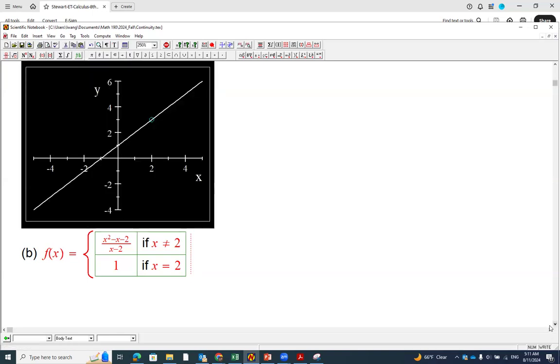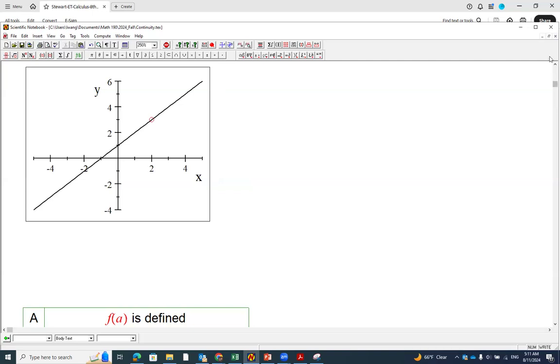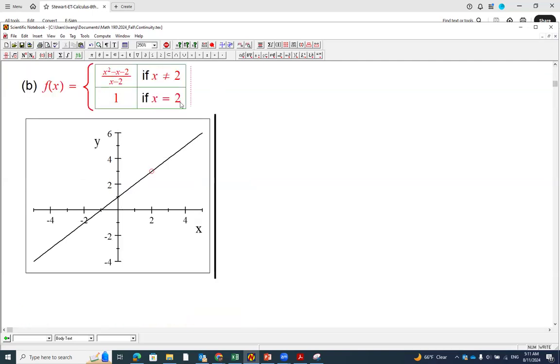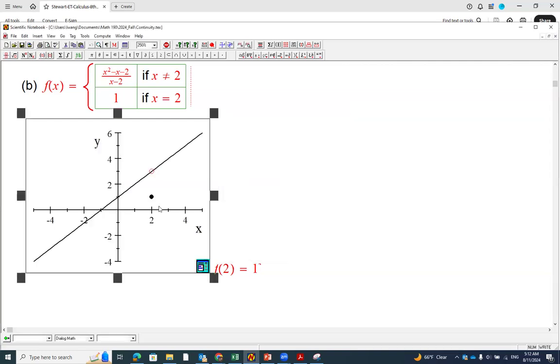So at 2, f of 2 is equal to 1. Even though this is a circle, we can put f of 2 equals 1 as our definition, at the point (2, 1), and that's a black dot right there.